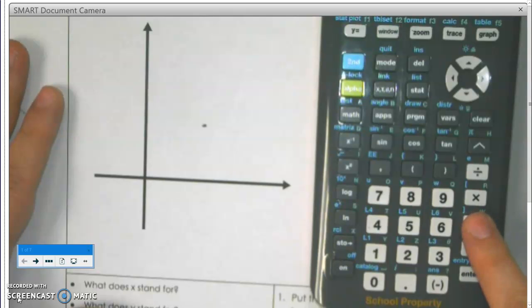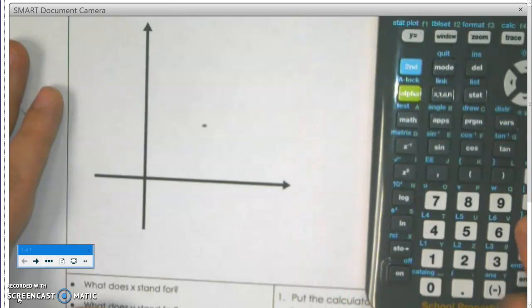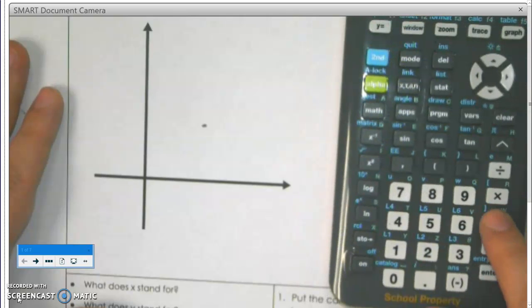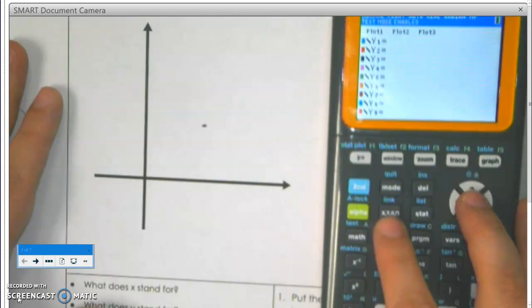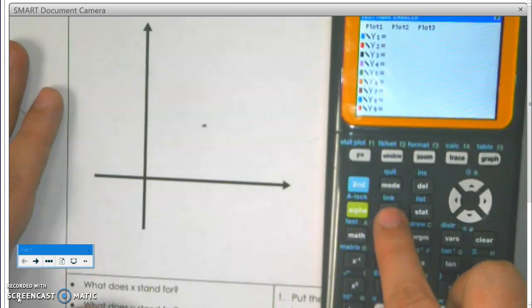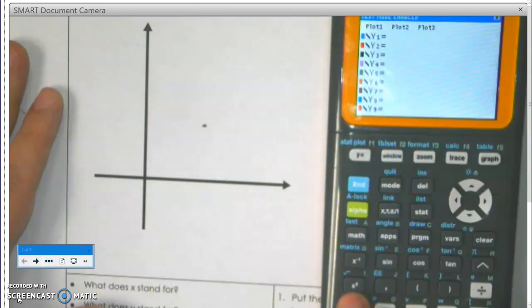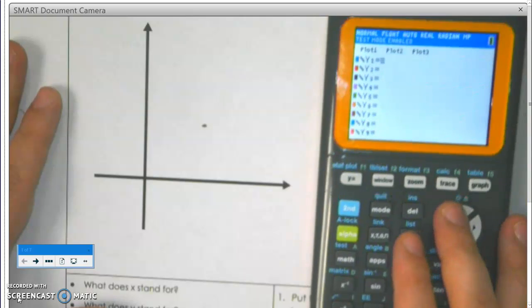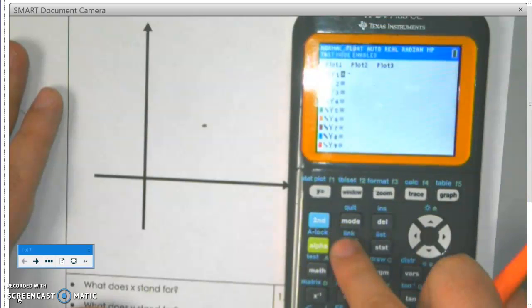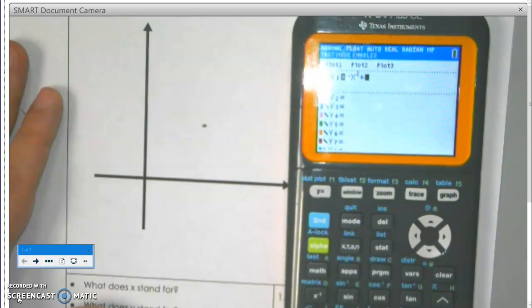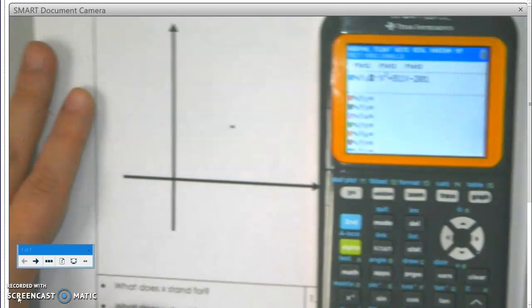So I'm going to be typing in negative x squared plus 51x minus 201. And remember that there's the button for x, and I'm going to hit the button that says x squared. So negative x squared plus 51x minus 201.